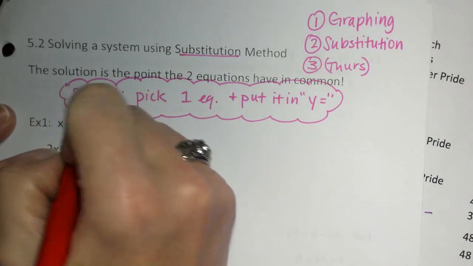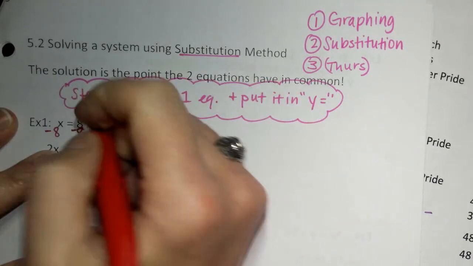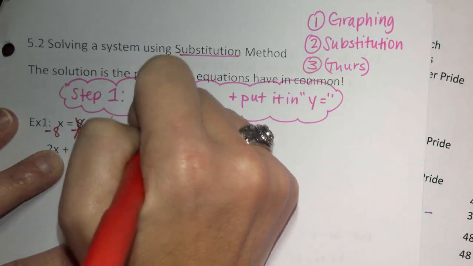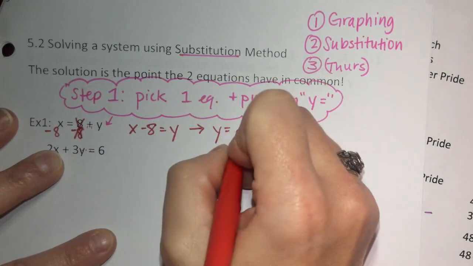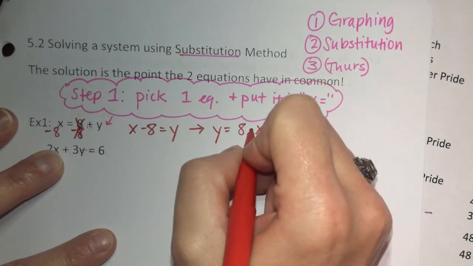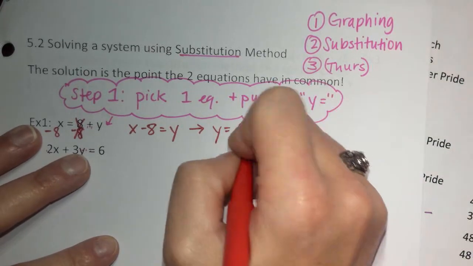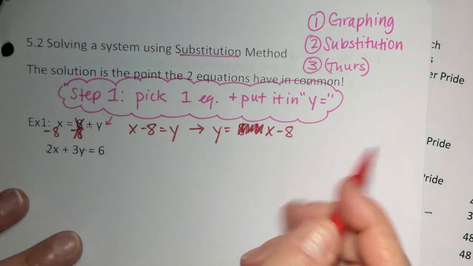So we're going to move this 8 from the y, and we're going to subtract it from both sides. So you end up with x minus 8 equals y. Well, that's the same thing as y equals x minus 8, okay? So it is in y equals, it's just backwards.